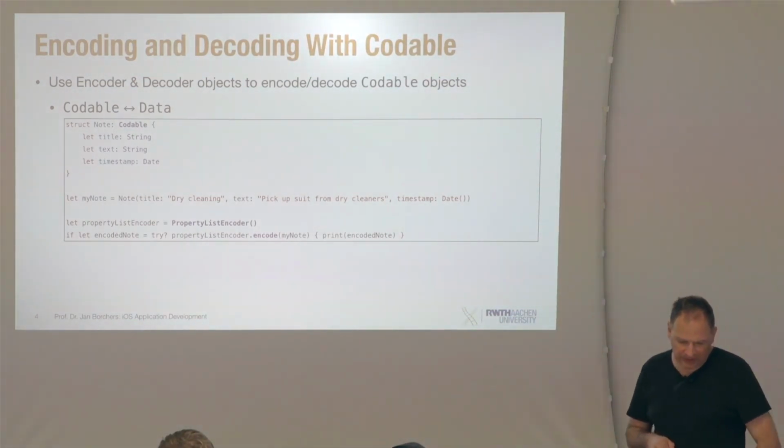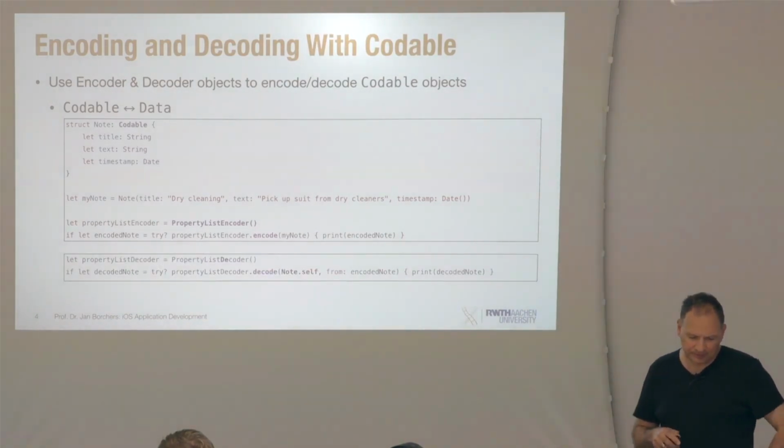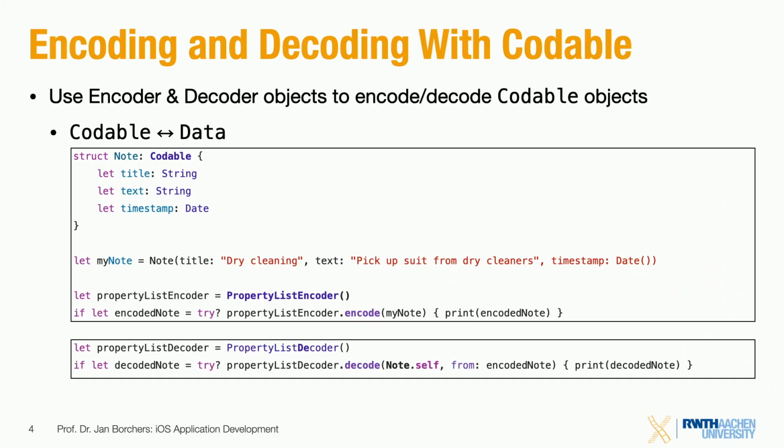Now, if we take a look at how to decode this kind of stuff, we now actually have an encoded node, right? So let's take the encoded node and stuff that into the decode method of a property list decoder, which we here create. Again, it's one that will return optional values, so it can fail, right?